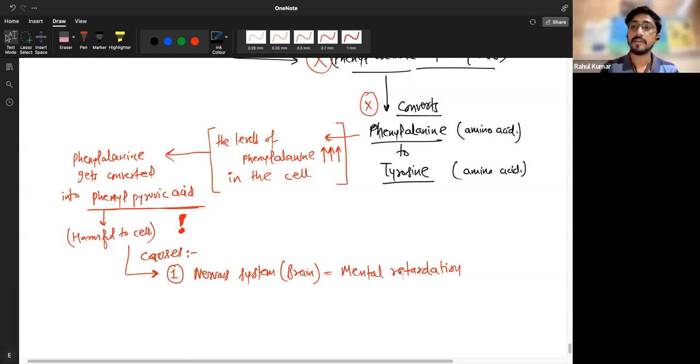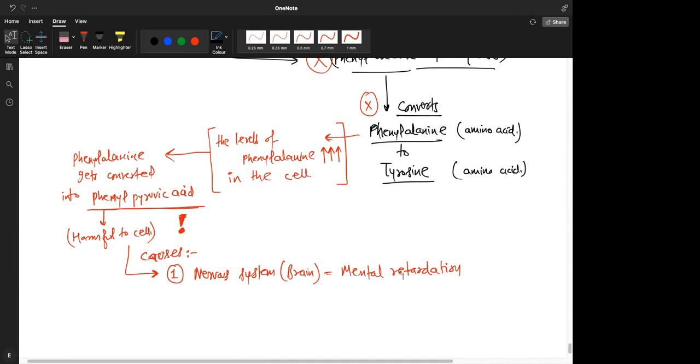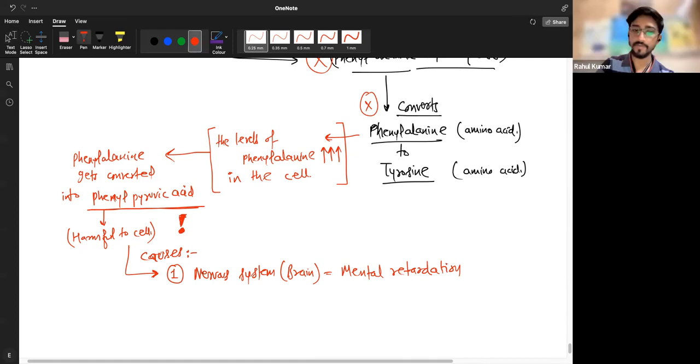So one gene, according to Mendel, if this gene was following the one gene, one character rule, then just mutating this gene would have caused just one effect in the body, right? Only one characteristic would have been affected. Yes or no? Yes. So if it is the nervous system, then we will say that this gene is responsible for controlling normal brain activity. But it affects the nervous system.